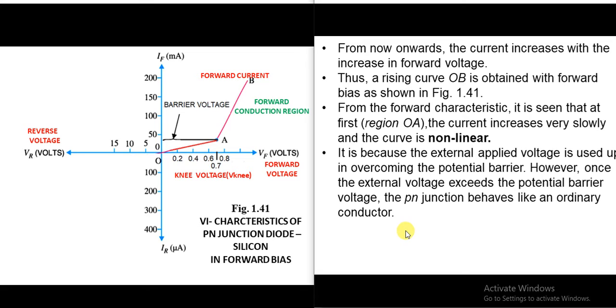Here the barrier voltage or the potential barrier is around 0.7 volts for silicon. However, once the external voltage exceeds the potential barrier, the PN junction behaves like an ordinary conductor. Means after this 0.7 volts, the semiconductor is behaving like an ordinary conductor.